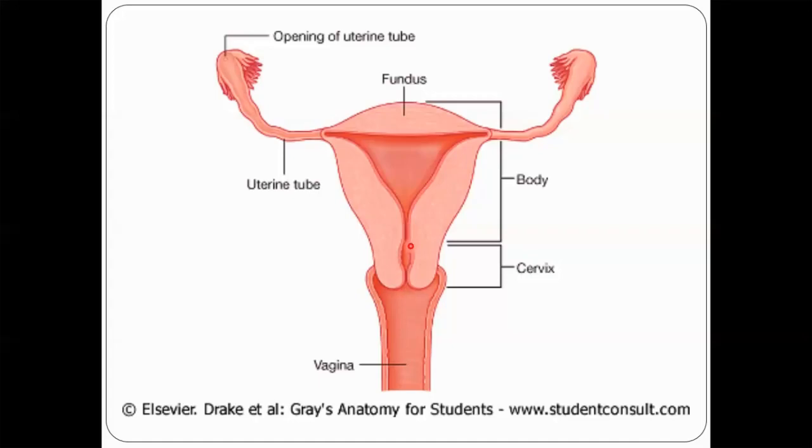In between these two openings is the cervical canal, and we said that the cervix has two parts, supravaginal part and vaginal part, which projects to a certain distance into the lumen of the vagina.